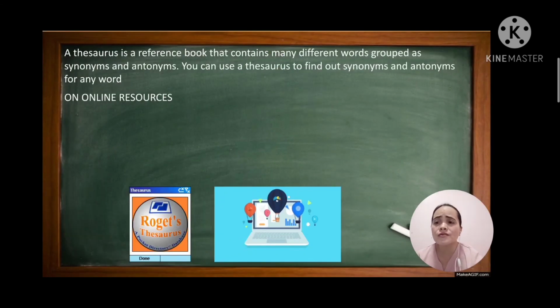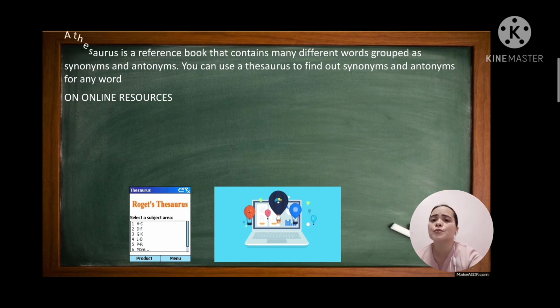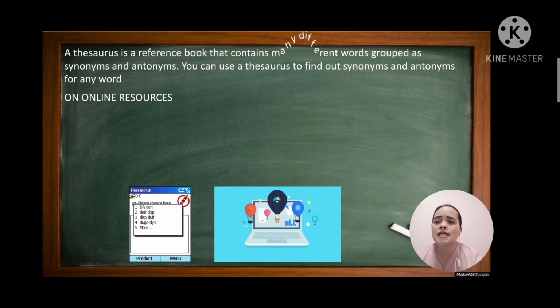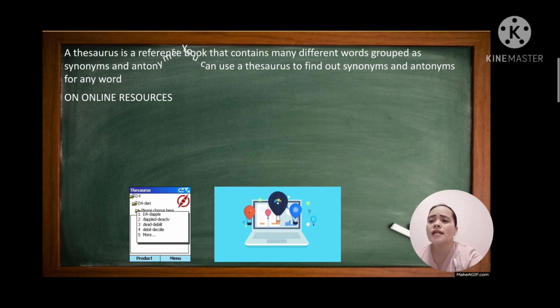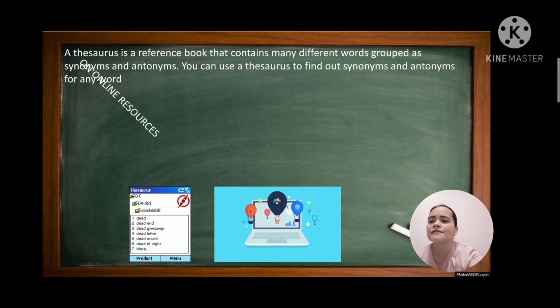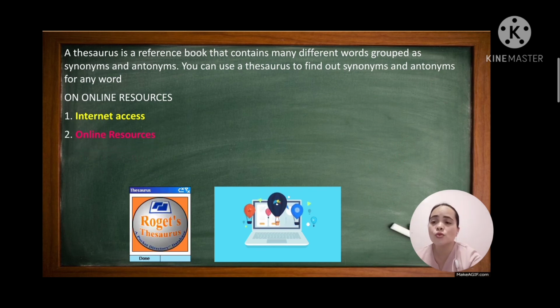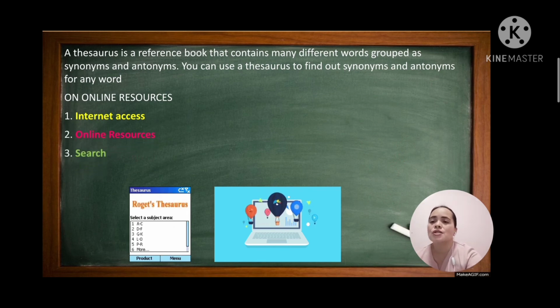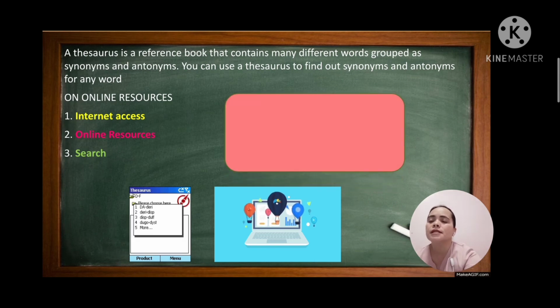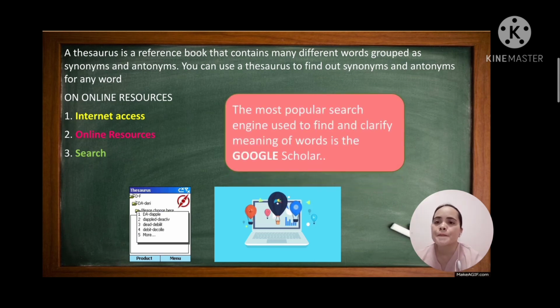A thesaurus is a reference book that contains many different words grouped as synonyms and antonyms. And for online resources, we have those three things: internet access, online resources, and the search. So remember Google as the commonly used engine to find and clarify the meaning of words.